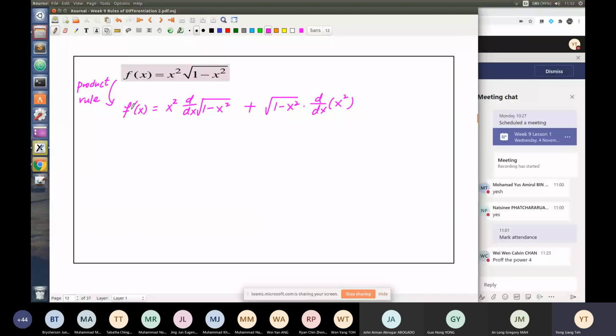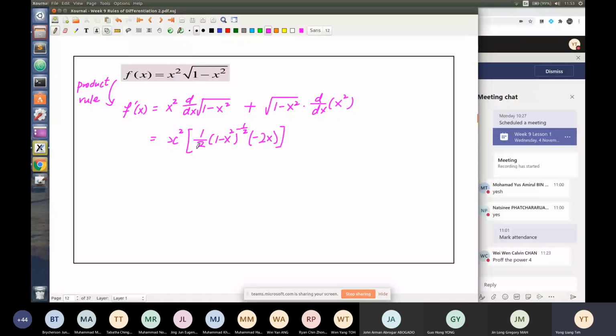Now after I apply the product rule, I need to differentiate the respective terms. I realize that when I differentiate this first term, I will require my chain rule. Notice that with minus x squared, I get minus 2x.